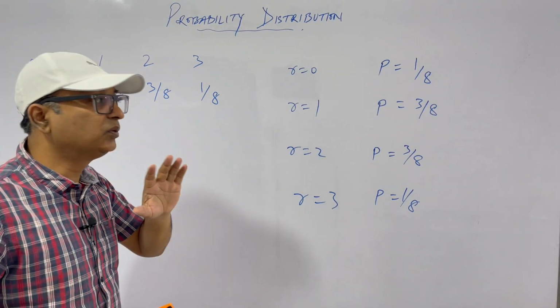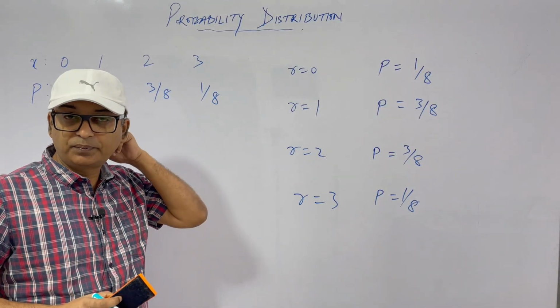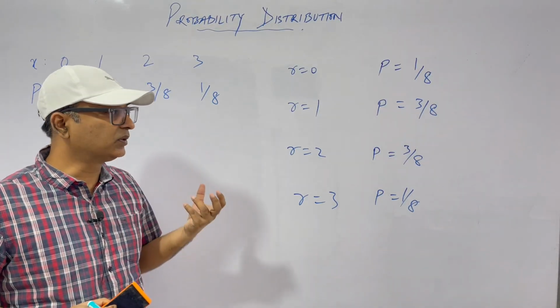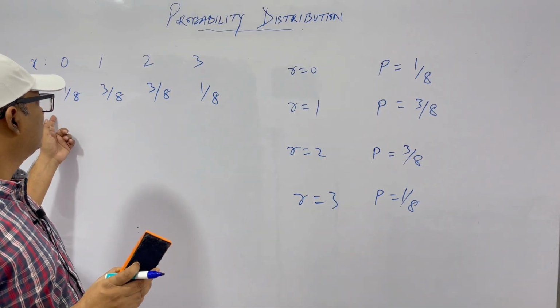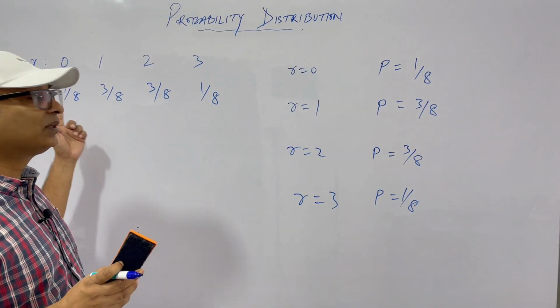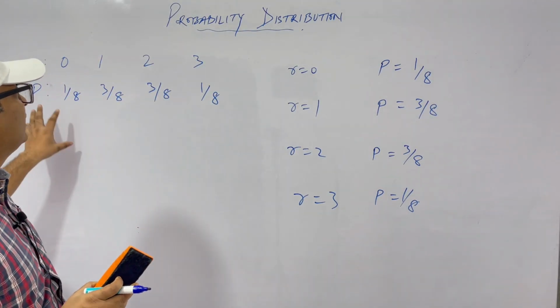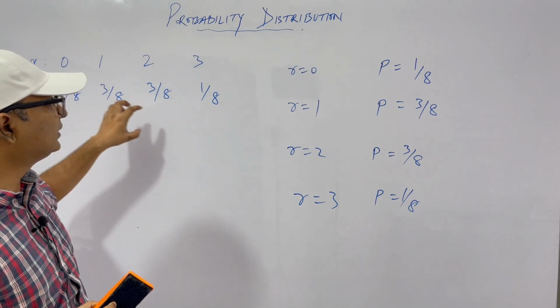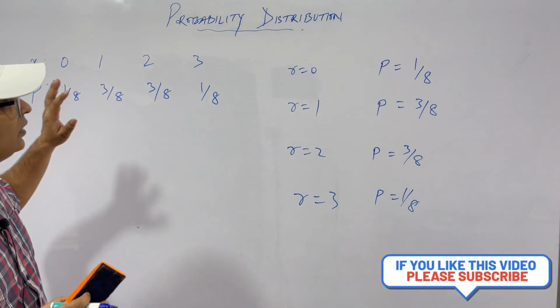Now what we will do, we'll revise some important formulas, along with the concepts, by which we will be able to find certain constants from this distribution, like what is the mean, what is the variance, what is the standard deviation, and so on.